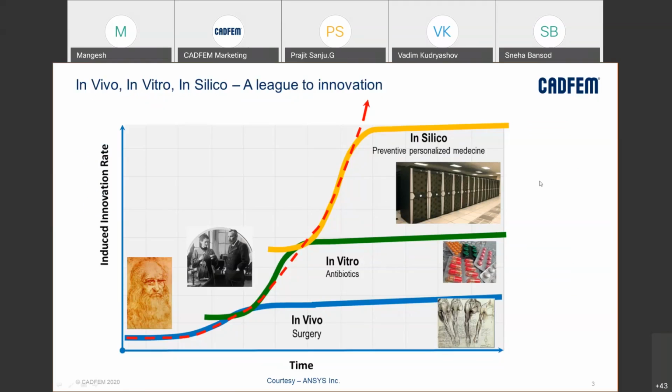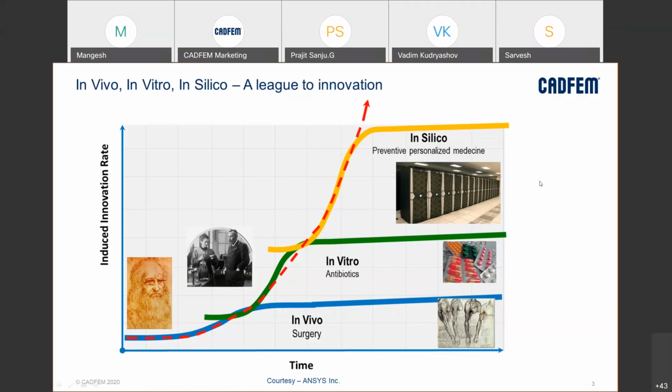Yeah, so again a brief about these different topics: in vivo, in vitro, and in silico. In vivo is the kind of analysis happening within living organisms, like surgery or any kind of reactions, and if the study is intended in that direction, it's called an in vivo study.